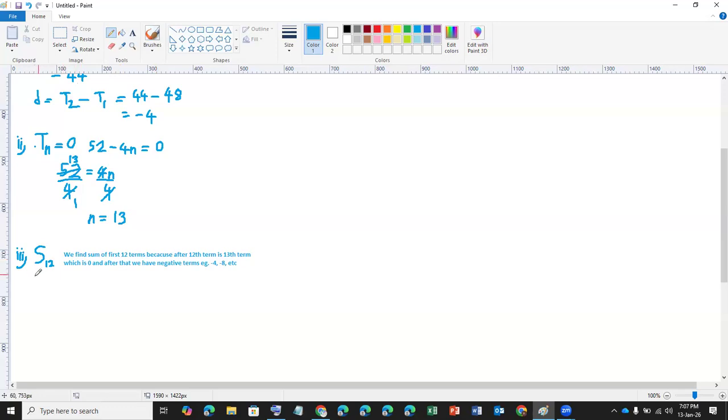So let's move to find what S12 is. Remind me of the formula, let's see if you remember. S12 will be given by what? That would be 12 over 2.